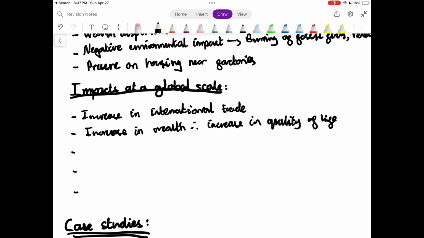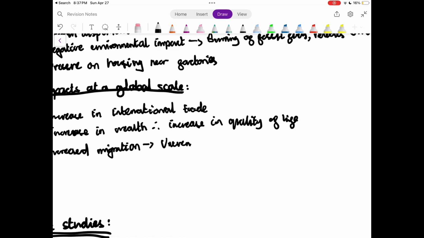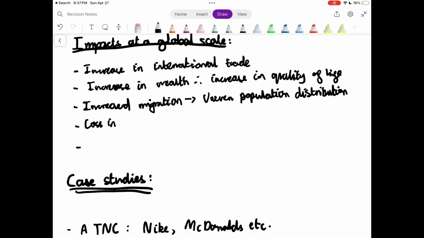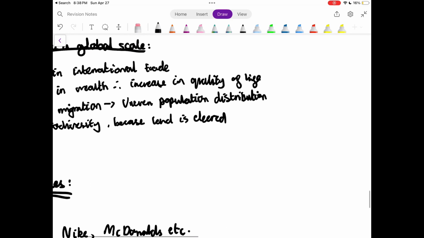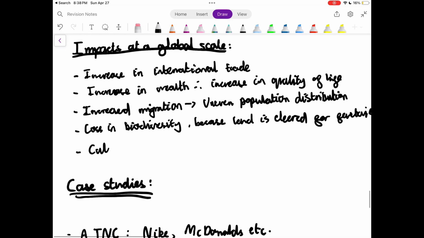It can also lead to increased migration, and this might be negative because there'll be uneven population distribution, and it also leads to a loss in biodiversity because land is cleared for factories, and also cultural identities might be eroded.